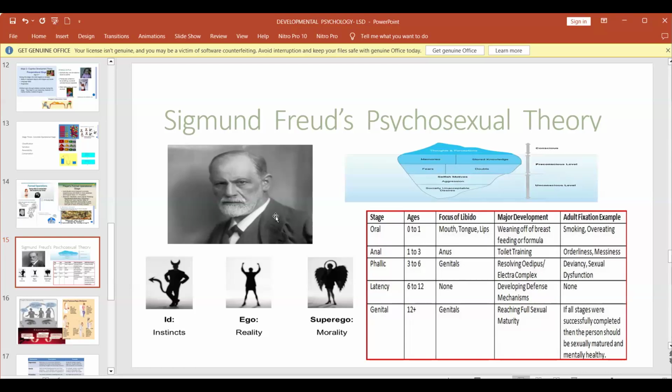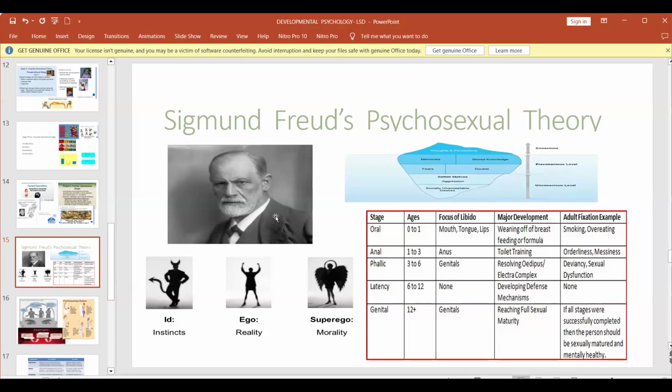And he proposes this psychosexual theory of personality development. Now, psychosexual theory comes from the psychoanalysis school of thought. So we know the existence of the unconscious mind and childhood experiences stored in the unconscious mind are the assumptions of psychoanalysis.